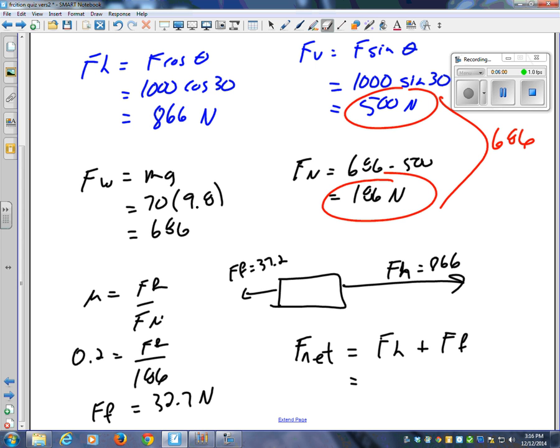In this case, there is no formula for F net. It doesn't exist. F net means add up all the forces that are present in that situation. There's just those two that are necessary, right? The FH is sideways, the FF is opposite that.